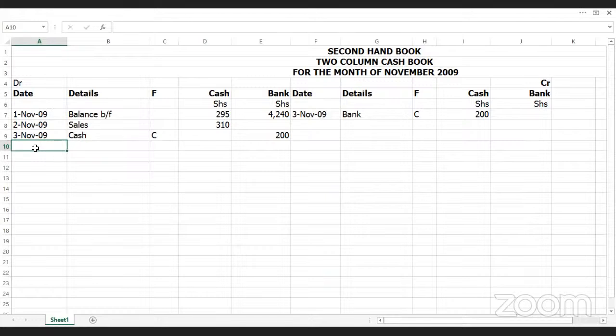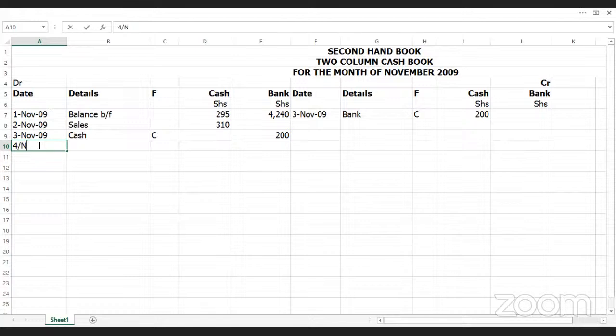If they paid us by check, we record under the bank column because the business is receiving money. This was by check. That is on which date? 4th of November.